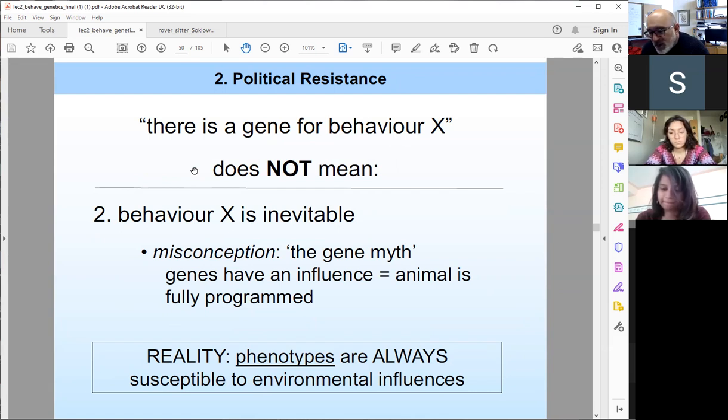Your behavior is not programmed strictly by your genes. Your behavior reflects not just your genetic background, but also the environment that you developed in, your internal and your external environment. So the behavioral phenotype is always susceptible to the environment.